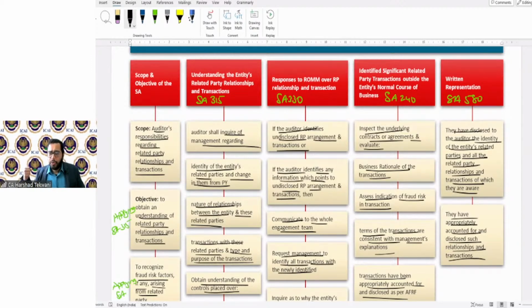Management gave me a representation, but it became inaccurate or incorrect. Are there chances that the other representations we have relied upon can also be inaccurate or incorrect? So there will be an impact on the other representations. So auditors can still qualify if the misstatement is material.